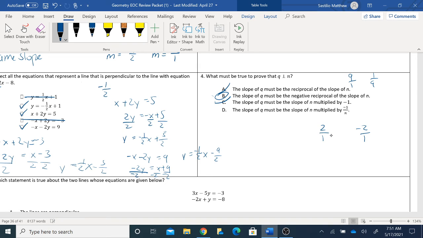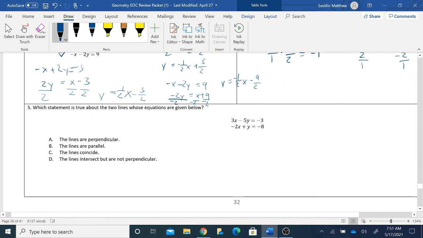So D looks like this must be the answer, but it says the slope of n multiplied by negative 1 over n. So if my slope is 2, these would just cancel. So this would actually be negative 1. And negative 1 is not going to be the perpendicular slope of 2 over 1. That's why D is not the answer.